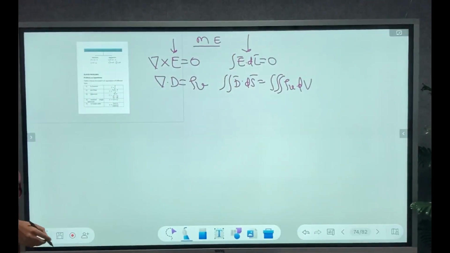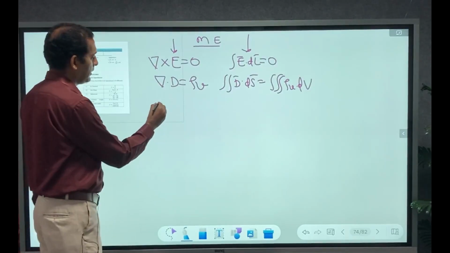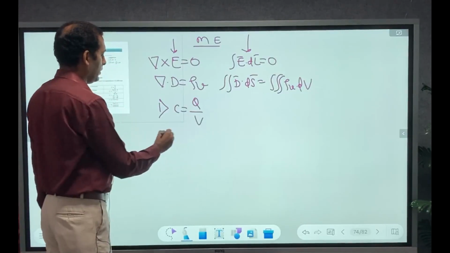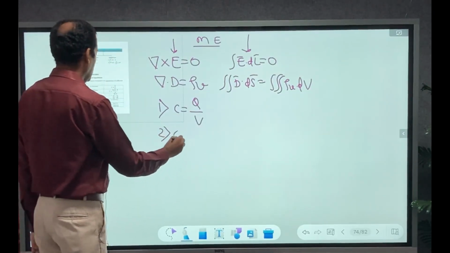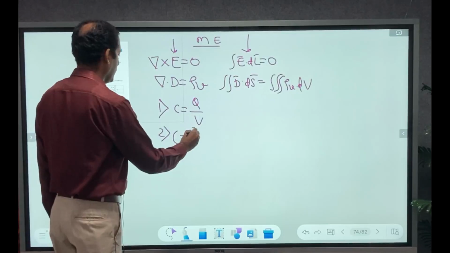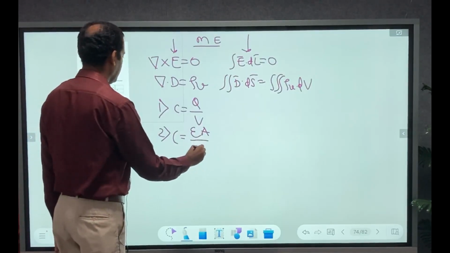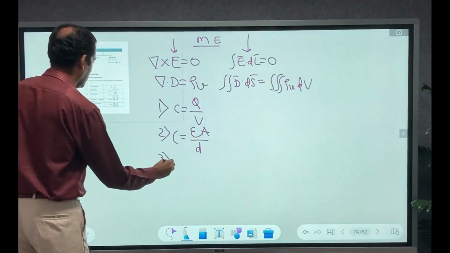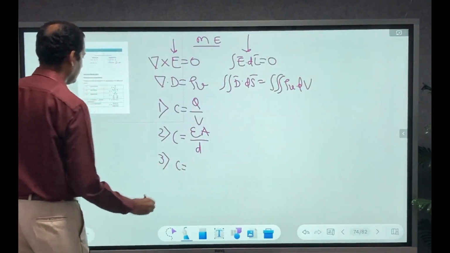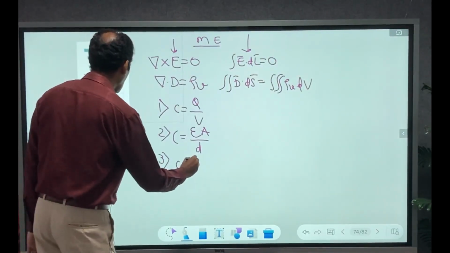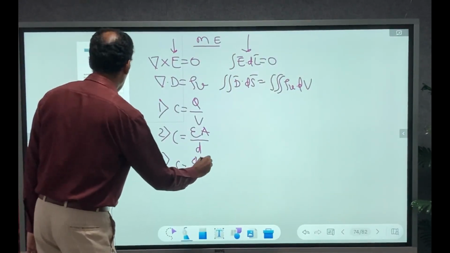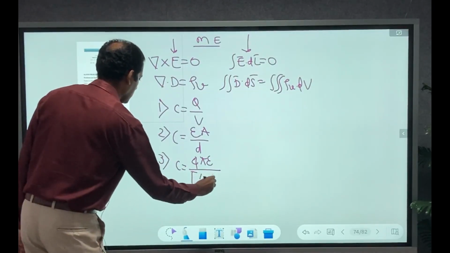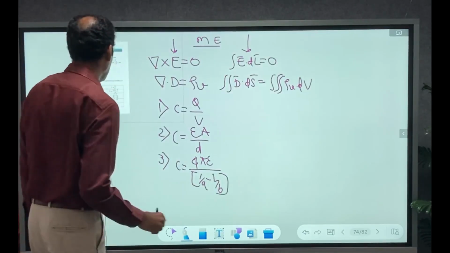Now we have calculated capacitance formulas. In general, capacitance is Q upon V. For parallel plate, C is equal to epsilon A divided by d. Third, for the spherical coordinate system, C is equal to 4 pi epsilon divided by (1 upon a minus 1 upon b).